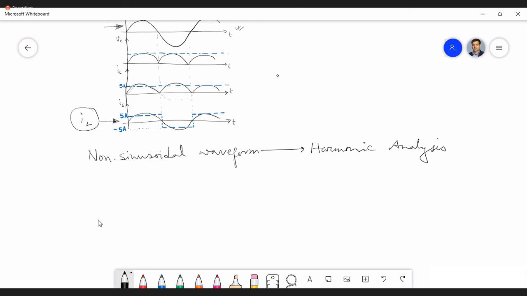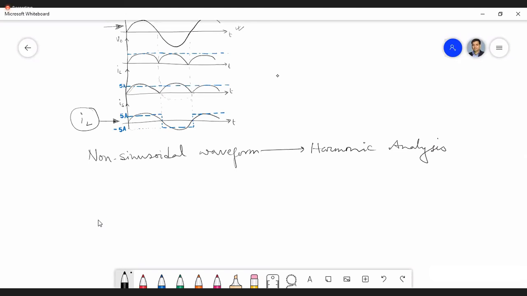If we get the reactance for the fundamental, the reactance for other harmonics will be different. But we can define some reactance for the third harmonic as well, isn't it? But we cannot define any reactance for a square waveform, for a non-sinusoidal waveform.